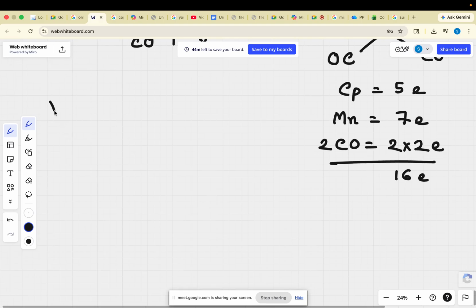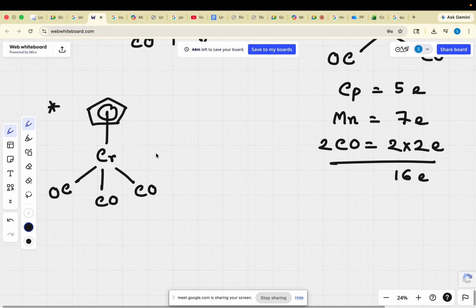Okay, fine. Now suppose you have this: cyclopentadienyl, chromium, and 3 carbonyls. Find out how many electrons you are getting. 17.